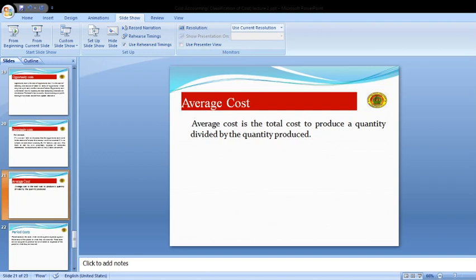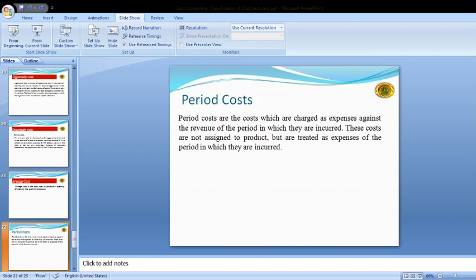That is the marginal cost of 1 unit. Then there is the average cost. So you take the total cost divided by the number of units to get the average cost. This is also useful, but mainly for control purposes.